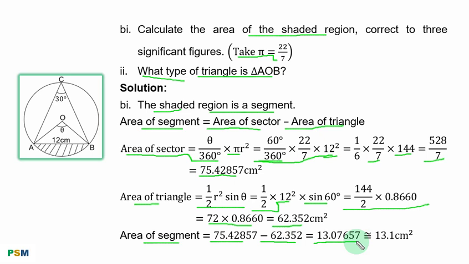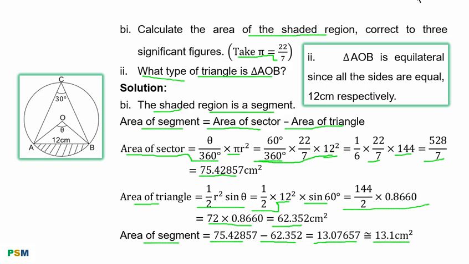So to 3 SF, area of the shaded portion or region is approximately equal to 13.1 square centimeters.